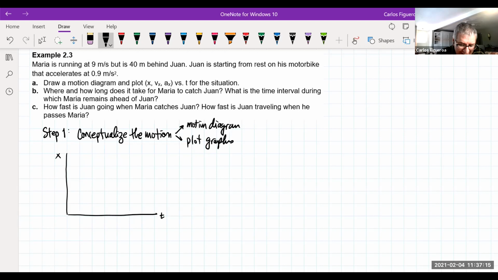So Maria is running at 9 meters per second, okay? 40 meters behind Juan. Juan is starting at rest on his motorbike and accelerates. What can you tell me about Maria's running?